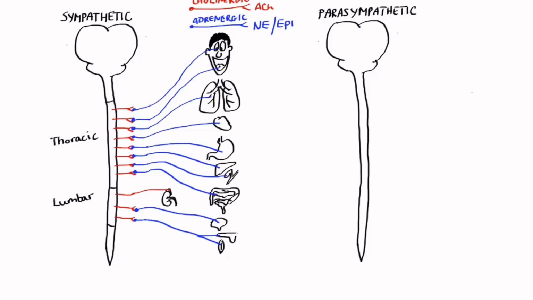And just to clarify, the adrenal medulla is the only autonomic neuroeffector organ which is innervated by one long sympathetic cholinergic neuron.